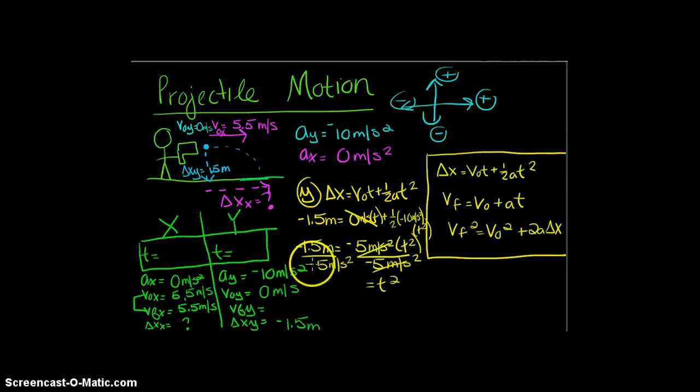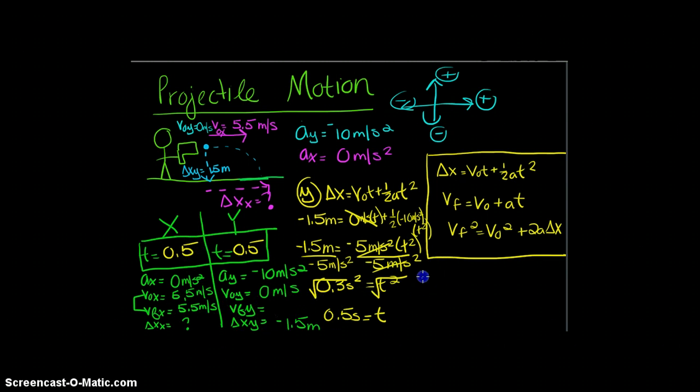So 1.5 divided by negative 5 is 0.3, and the units on this are seconds squared. I'm not interested in t squared. I'd really like just t, so I'm going to take the square root of each side and end up with t is equal to about 0.5 seconds.